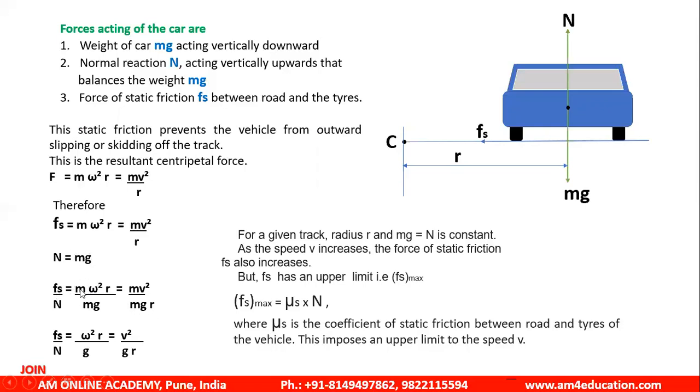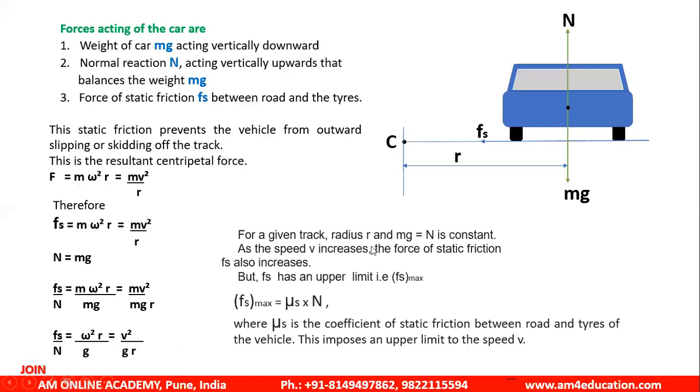So this ratio will become Fs by N equals m omega square r upon mg, which is equal to mv square upon mgr. The common term m will get cancelled, and we simply get Fs upon N equal to omega square r upon g, or equal to v square upon rg.